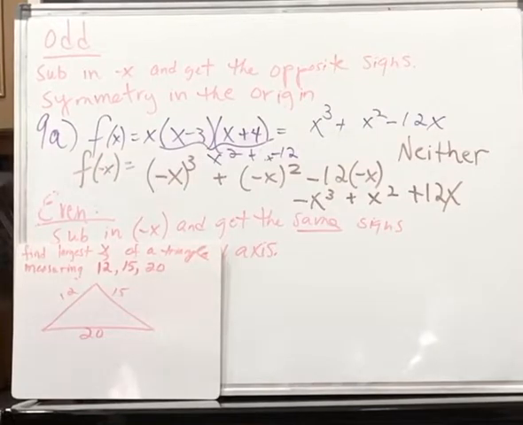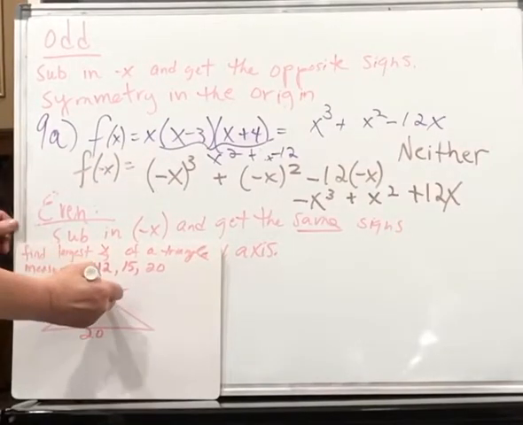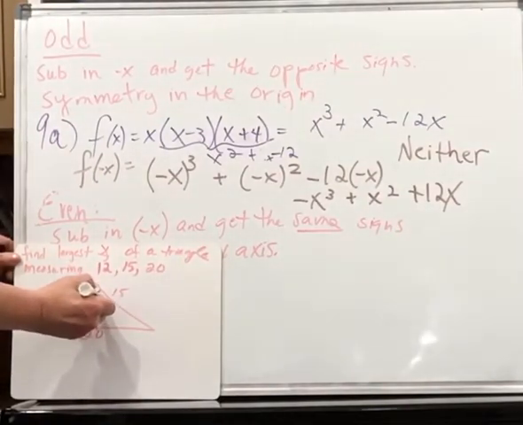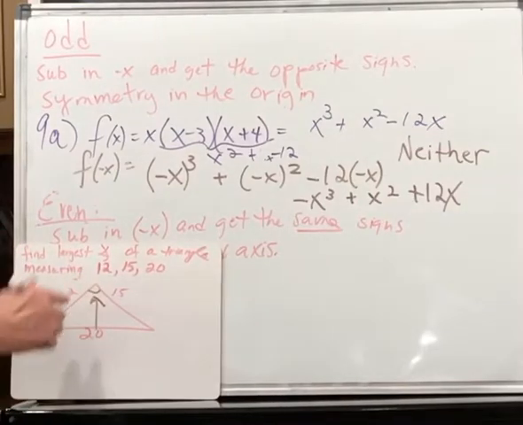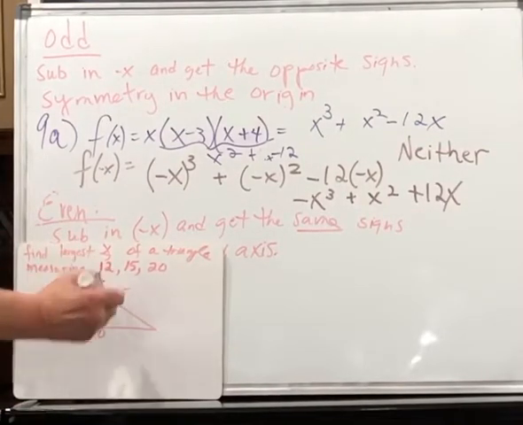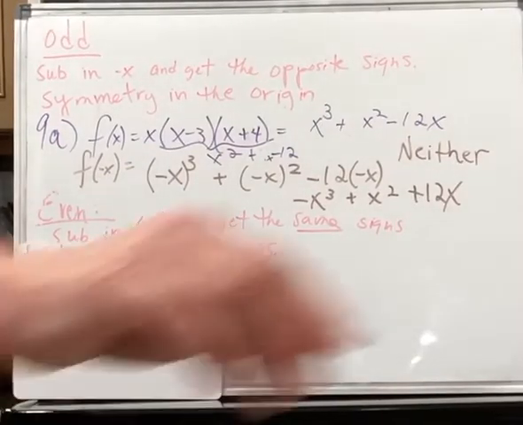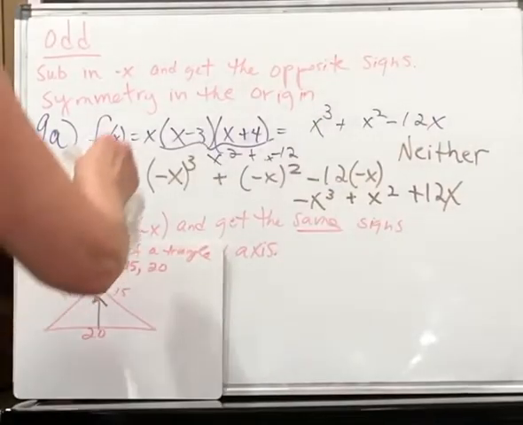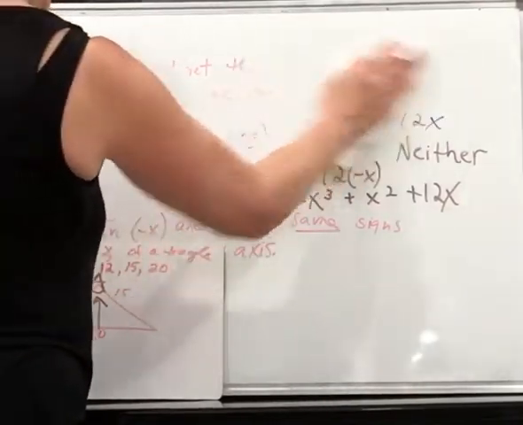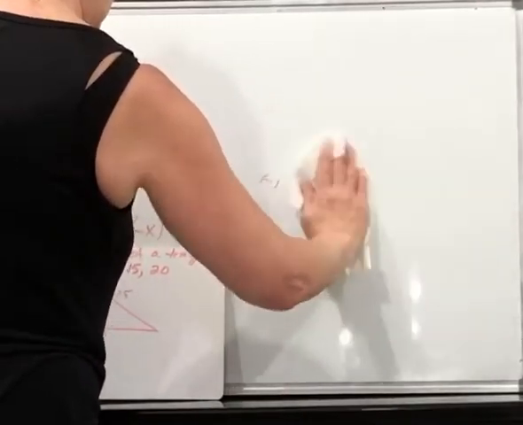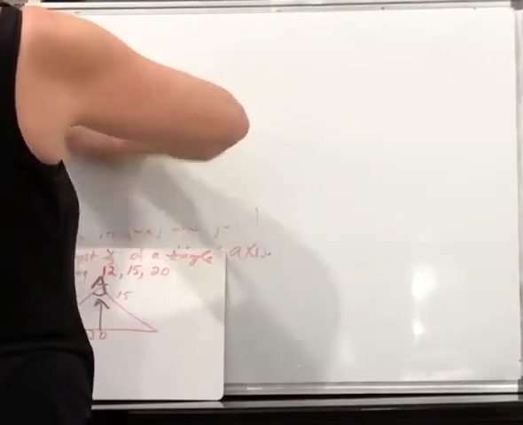The largest angle has to be across from the largest side. So let me just call that A for now.